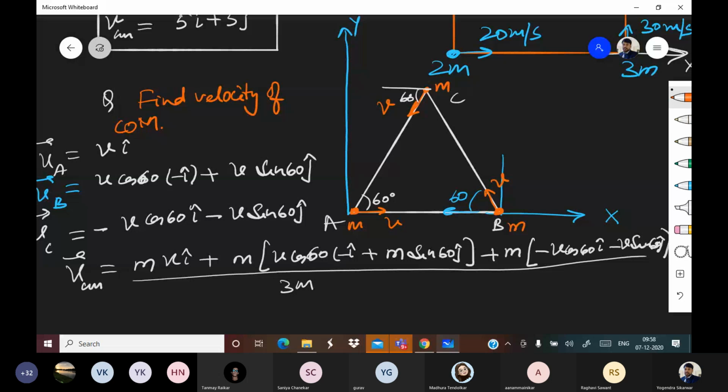So this M, this M, this M cancel. This is V sin 60. And similarly, the V I cap, V cos 60 minus, V cos 60 minus, all three got cancelled.